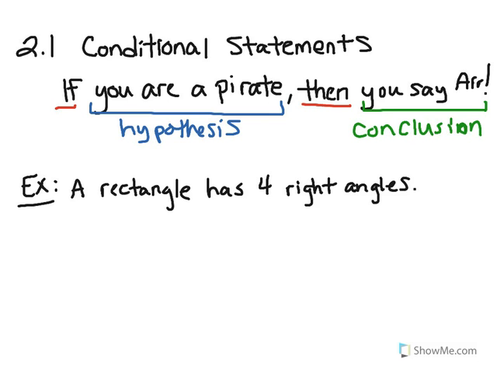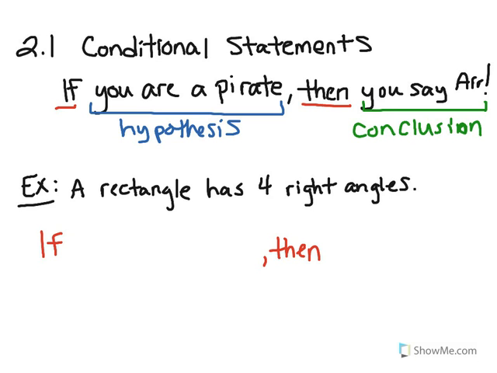Okay, so in this example, we are given a statement that says a rectangle has 4 right angles. So what we want to do is we want to get the if-then part started. So I'm going to write if, leave a bunch of space, and then write then. So how could I possibly say this is an if-then statement?